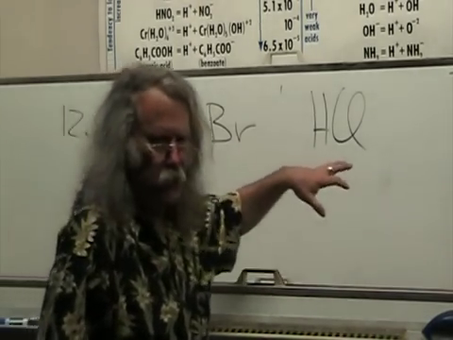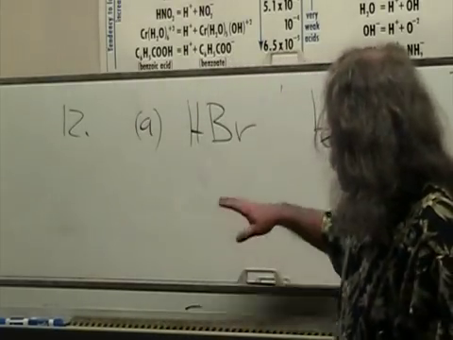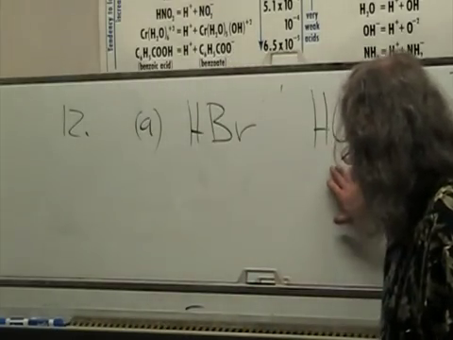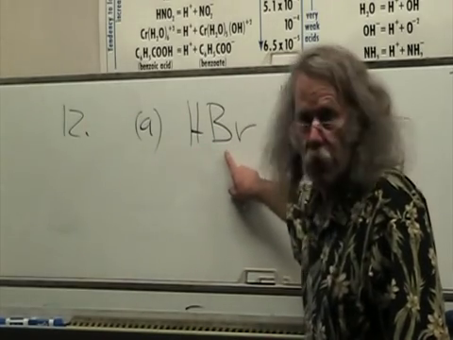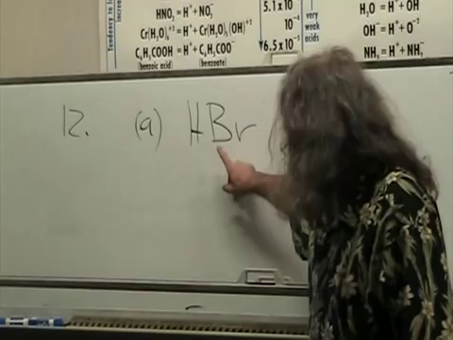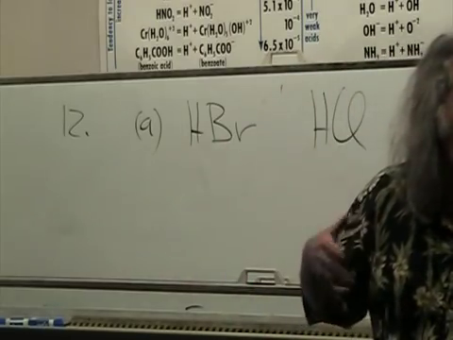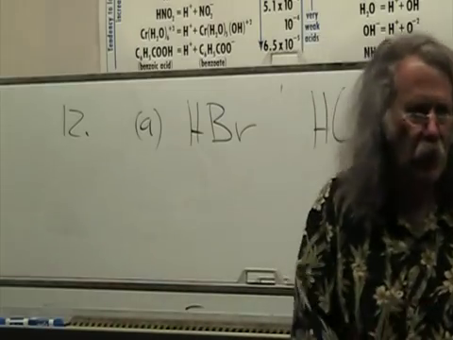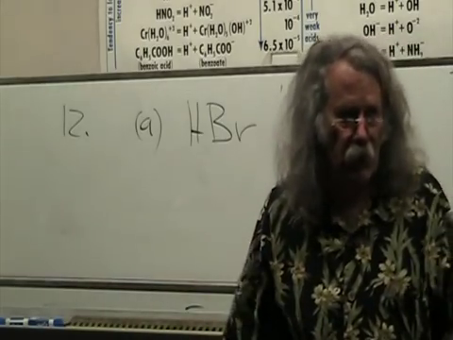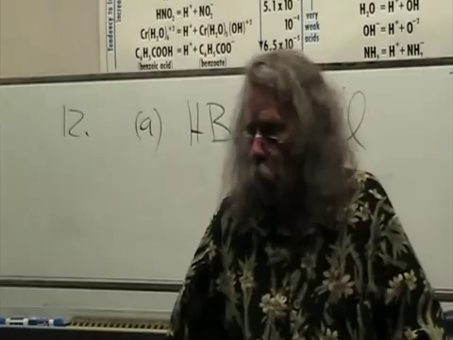With a binary acid of the halogens, where you've got hydrogen and just one other element, the acid strength is going to be determined by the bond strength to hydrogen. The weaker that is, the stronger the acid is, the easier it is to get it to dissociate.